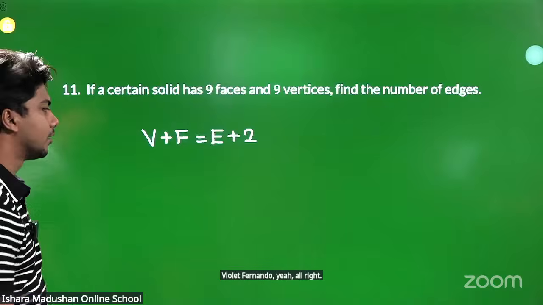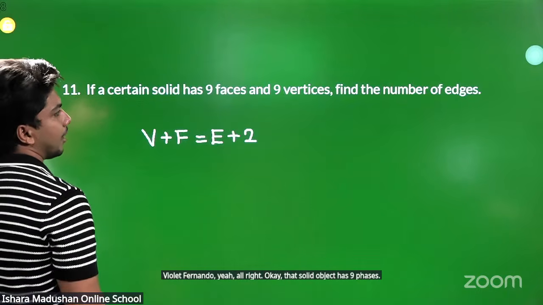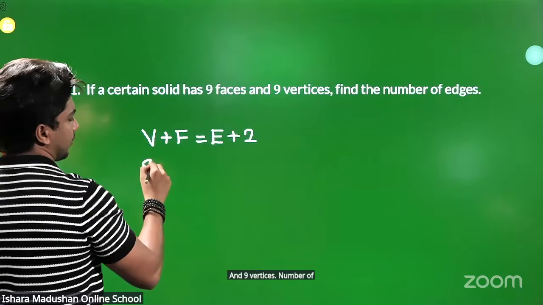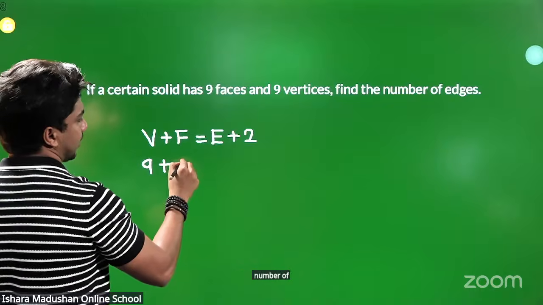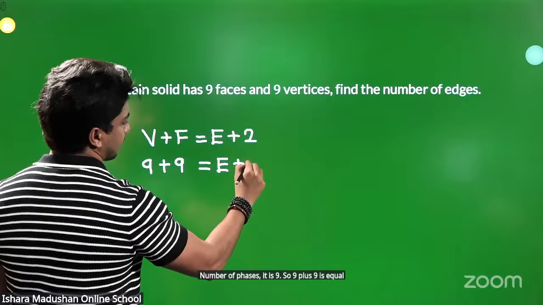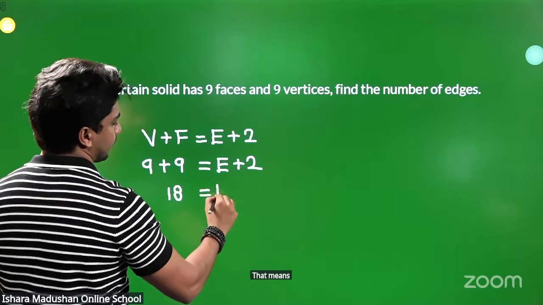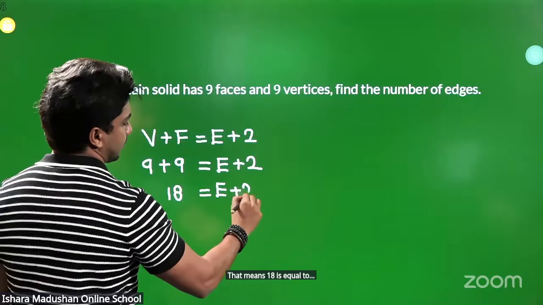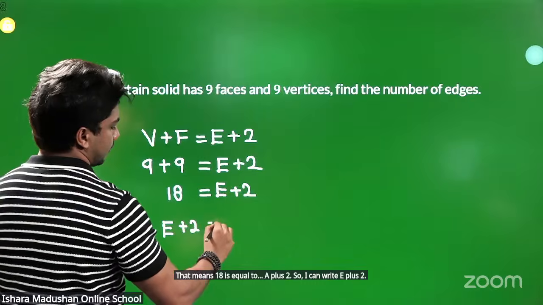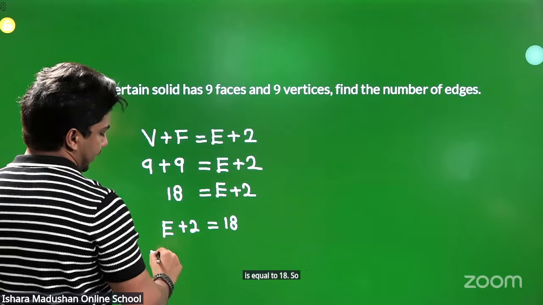Alright. That solid object has 9 faces and 9 vertices. Number of vertices is 9. Number of faces is 9. So 9 plus 9 is equal to E plus 2. That means 18 is equal to E plus 2. So I can write E plus 2 is equal to 18. I have to make E the subject.